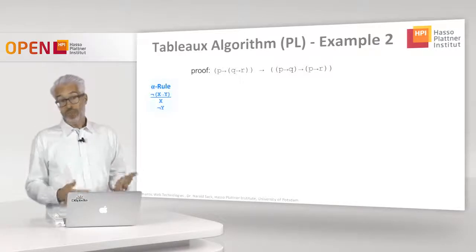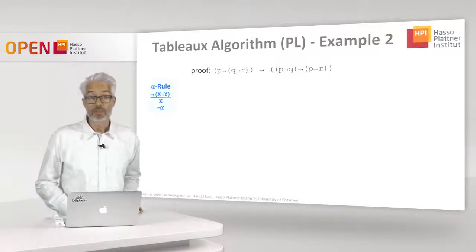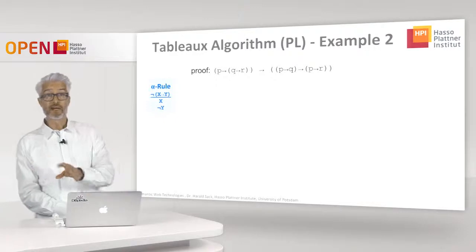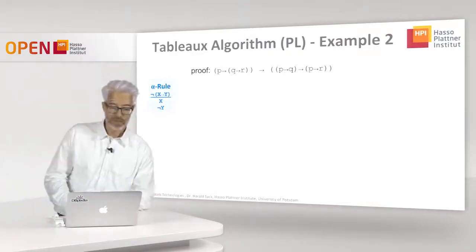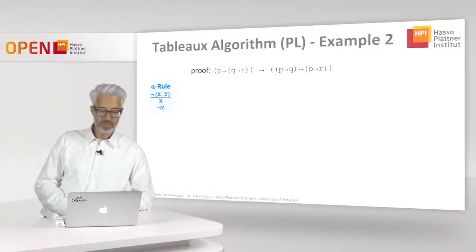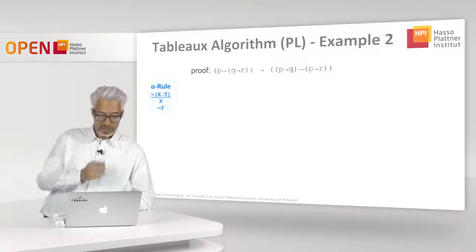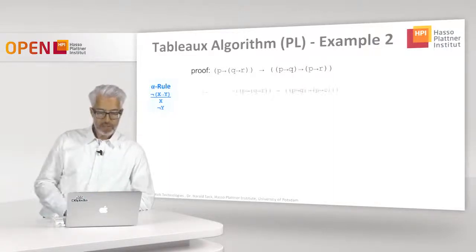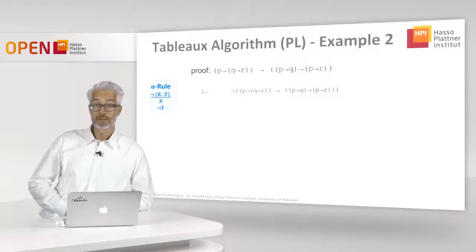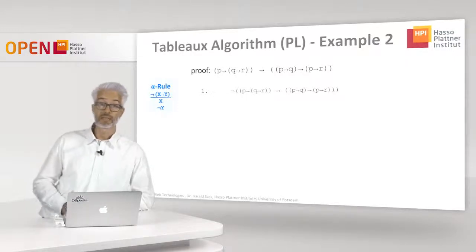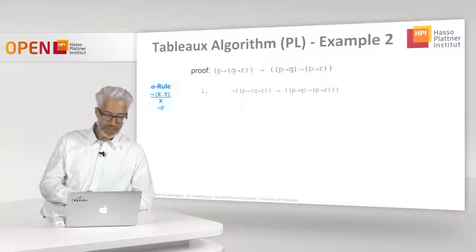Okay, let's have a look at a more complicated example where you do not see right from the start whether this holds or not. So here you have lots of implications. And to show the consistency, we have to negate it. Then we have a negated implication, which again is an alpha rule.